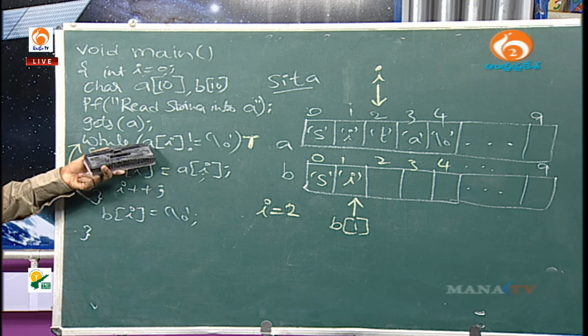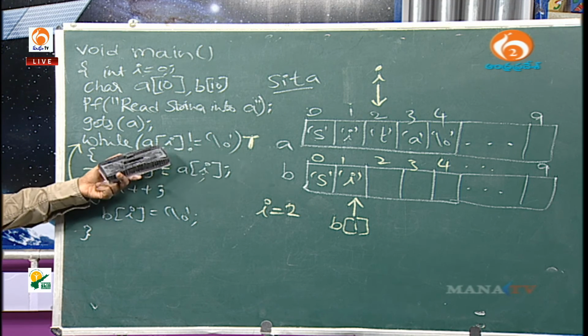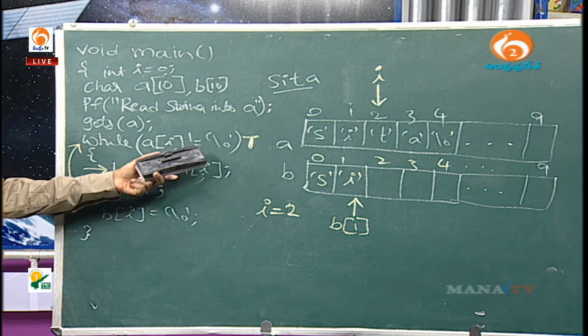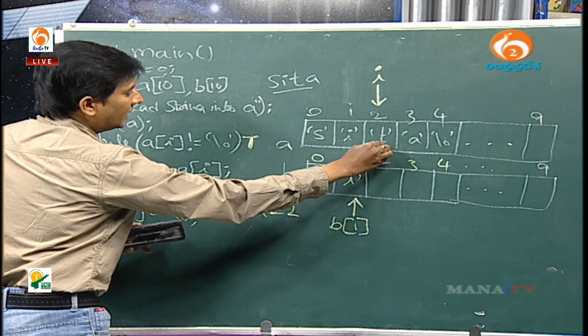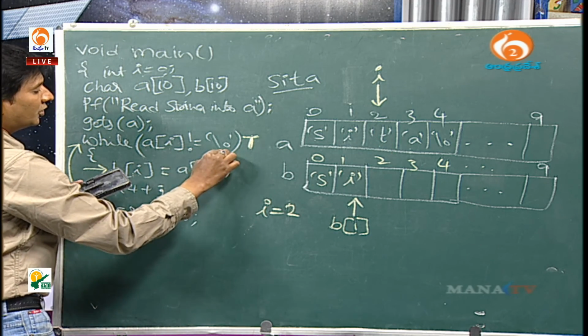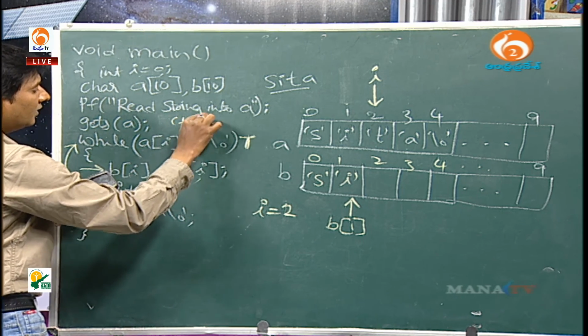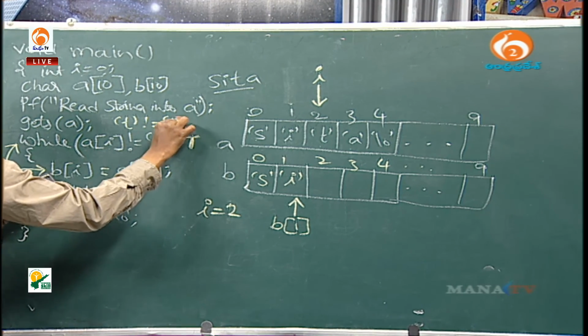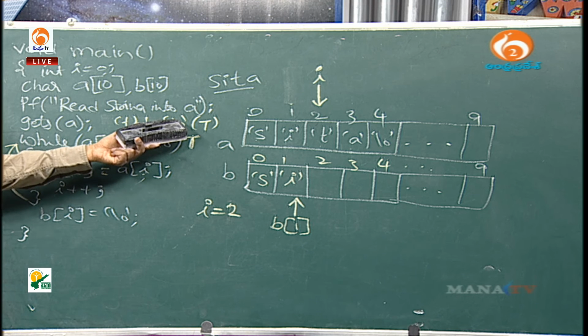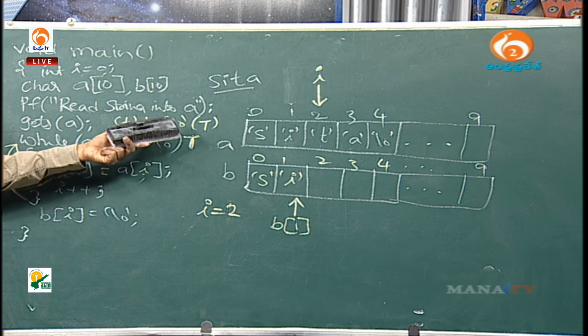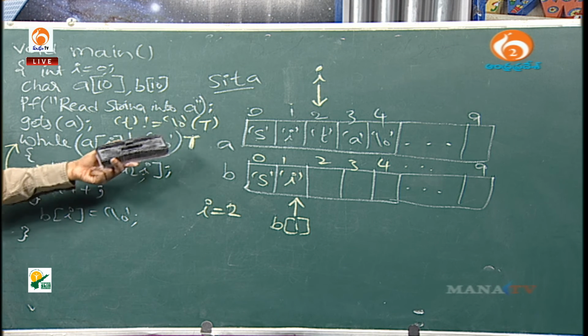Next iteration, A of I is not equal to backslash 0, A of 2 means T is not equal to backslash 0, which is true. So, control enters the body of the while loop.